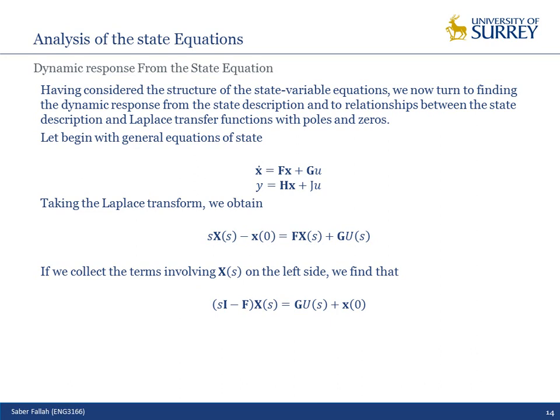Why do I have the identity matrix? X(s) is a vector. F is an n by n matrix. If I want to factor out X(s) here, it's sI. Do you know what I'm talking about?